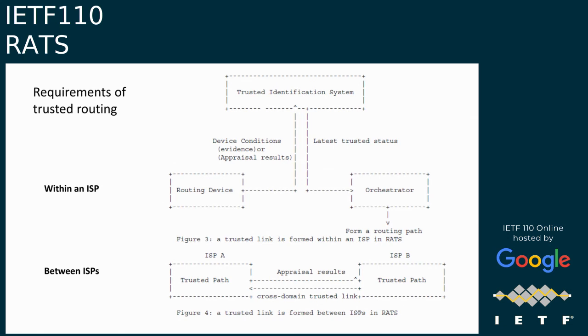The fourth consideration is about trusted routing. Some customers expect the ISP to be able to provide trusted link service. So we are faced with how to form trusted links internally and between ISPs. We thought maybe we could do it with RATS, with routing devices as attesters providing evidence or appraisal results to the orchestrator.